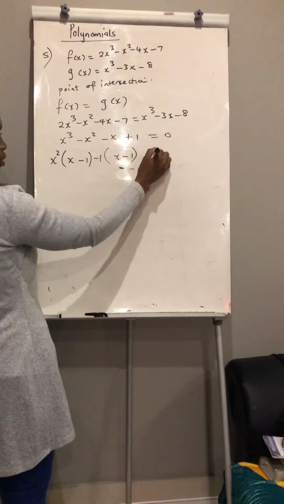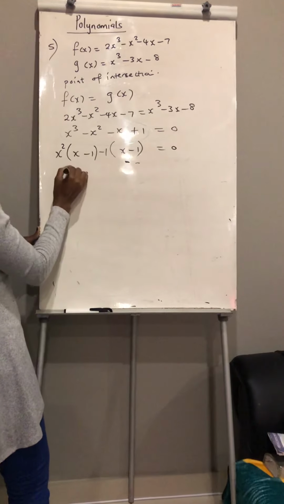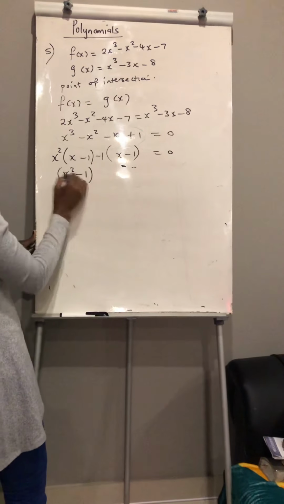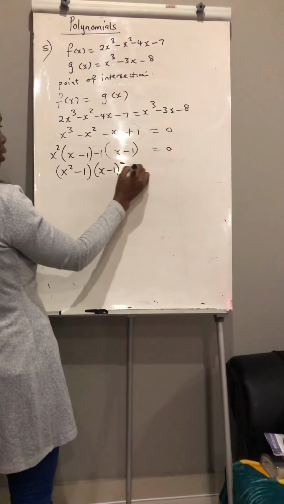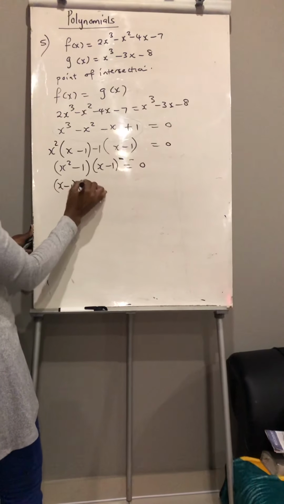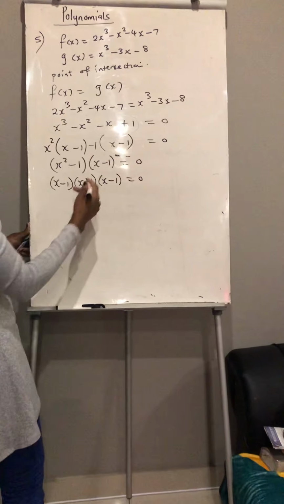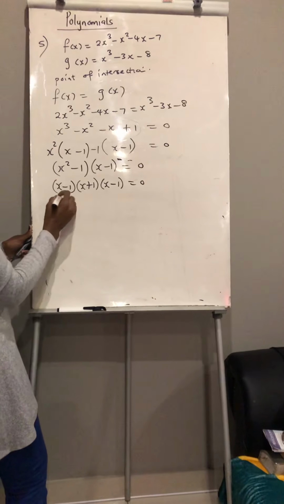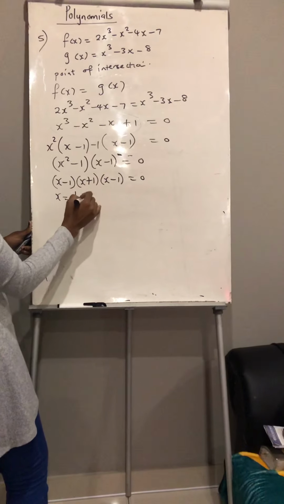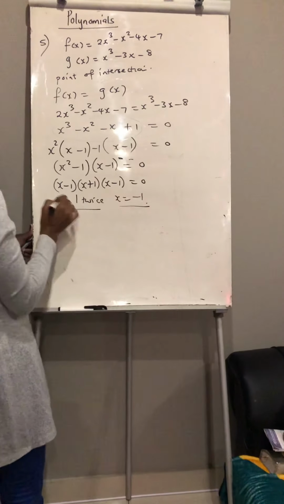You can see that that would be correct. So if I factorize by grouping, I should have x squared minus 1 and x minus 1 like that. This is a difference of 2 squares. And then this one. So we've got our 3, it's actually 2. So x is equal to 1 twice and x is equal to negative 1 is another solution.